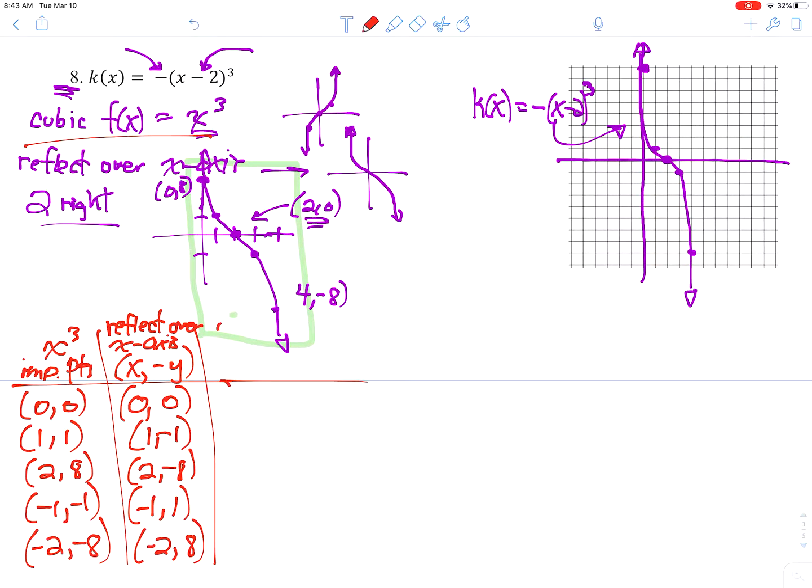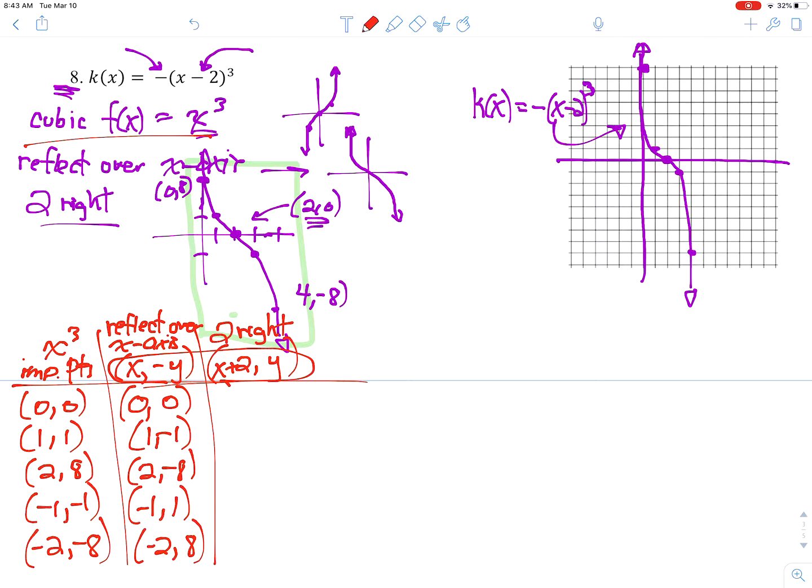And now 2 right means I'm taking whatever the coordinates were before and going 2 to the right, meaning I'm adding x plus 2 and keeping the y's the same. Now I know I need to check with Ms. Shortell and Mr. Stewart on how you're keeping these organized.